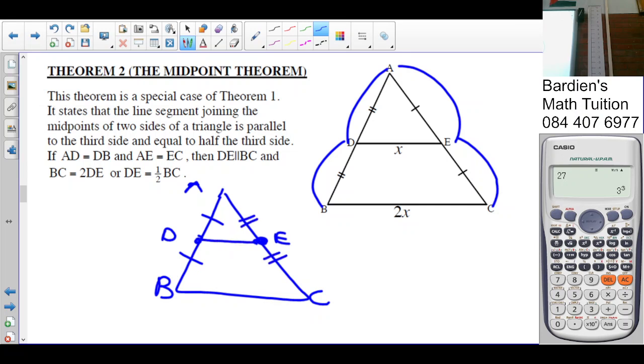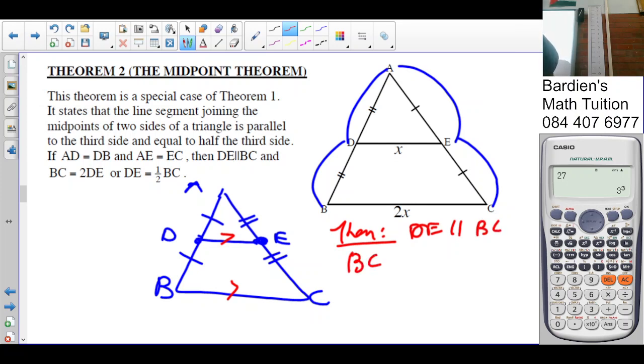That's basically what they're telling us. If that is the case, then we can conclude that DE is parallel to BC, as well as BC would be equal to double DE. Do you see that, people?